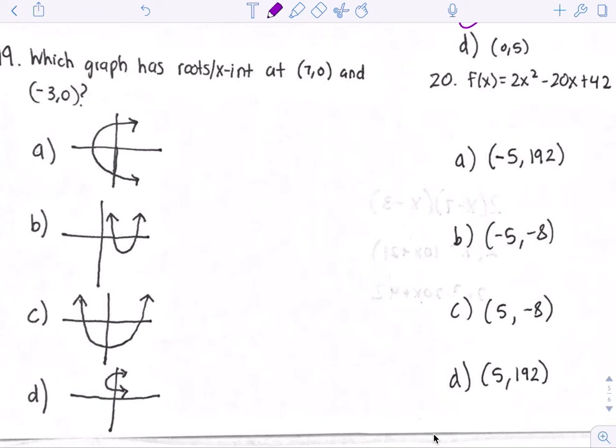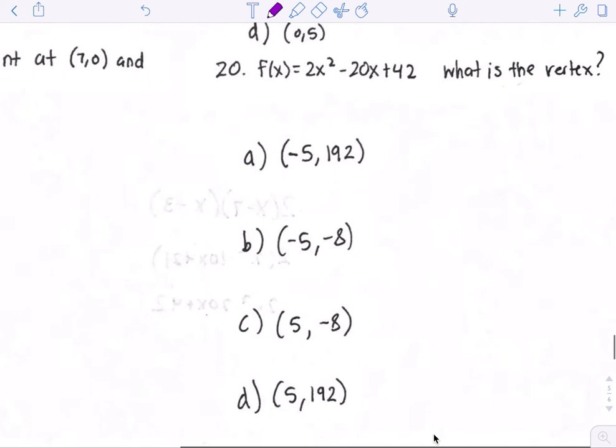Well, this one only crosses the x-axis once, so it can't be that one. Okay, this one crosses the x-axis twice, but notice they're both going to be on the positive side, so it can't be that one. It has to be this one. This has a negative one right there and a positive one there. Can't be this one because, you guys, that's two y-intercepts.